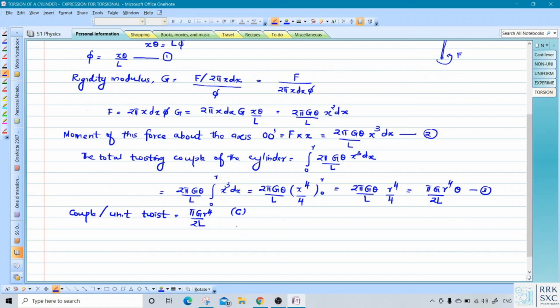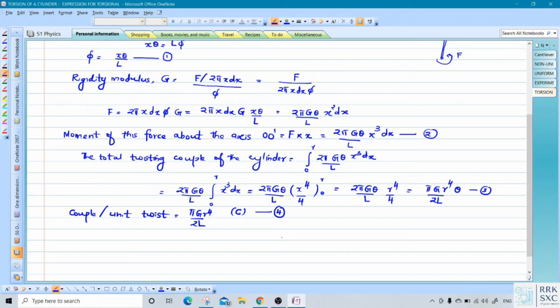So equation number 3 is the required expression for this derivation, that is the twisting couple of a cylinder, and equation number 4 will give you the couple per unit twist.